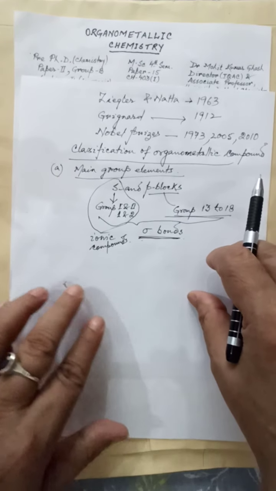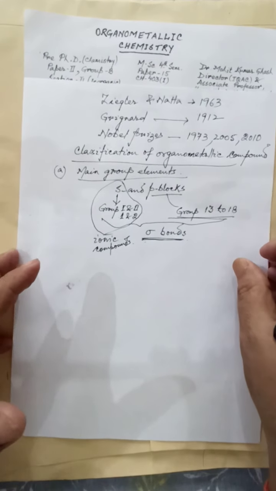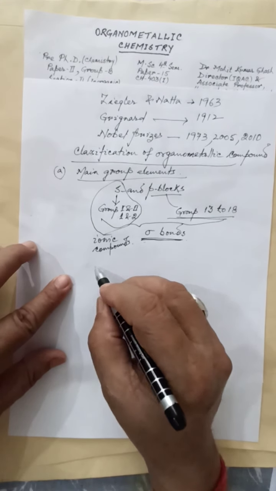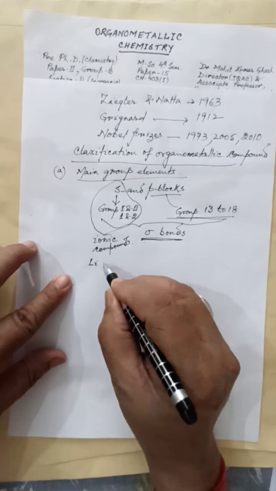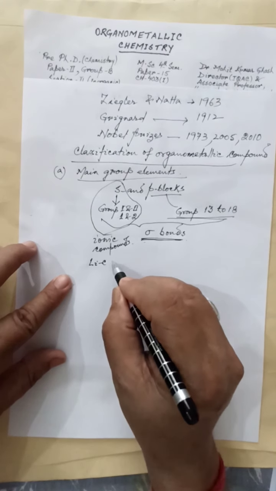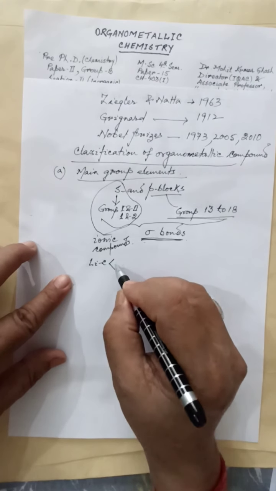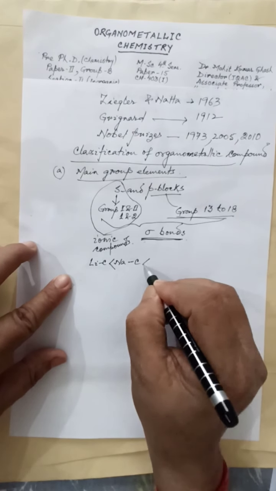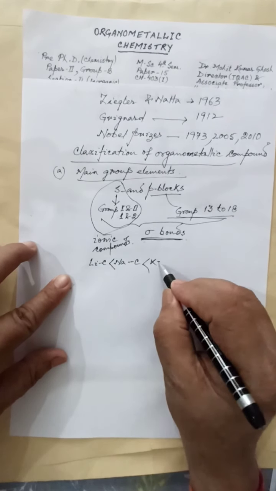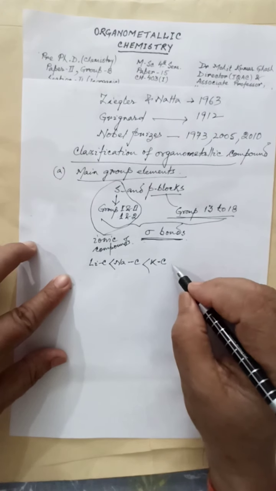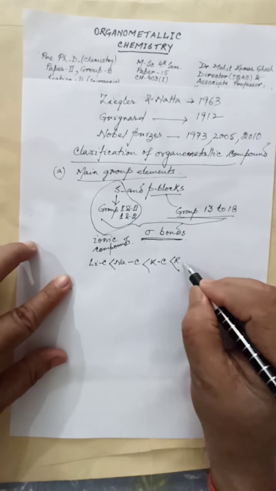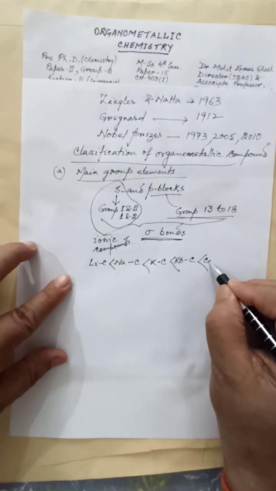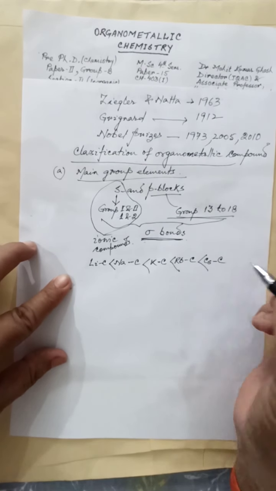It has been found that in the case of alkali metals, the lithium to carbon bond is less polar compared to sodium to carbon, than potassium to carbon, then rubidium to carbon and then cesium to carbon.